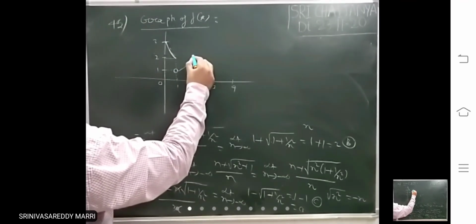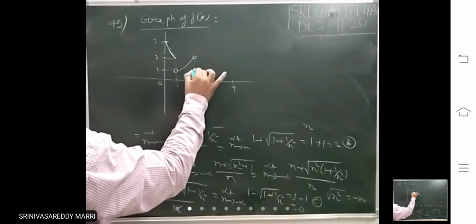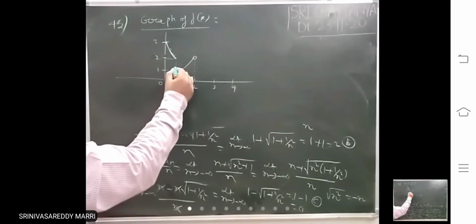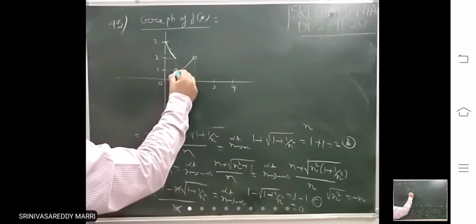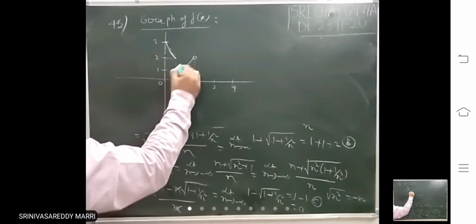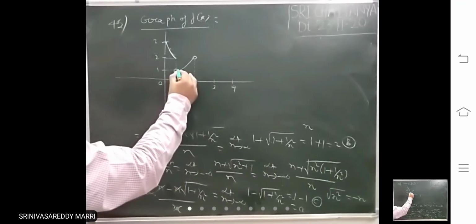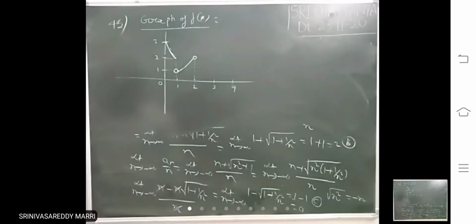So 1 to 2 the graph is like this. That means open 1 to 2. This white circle means there is no graph here. 1 to 2 he has drawn the graph like this.